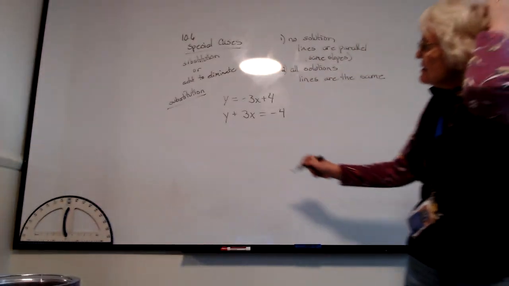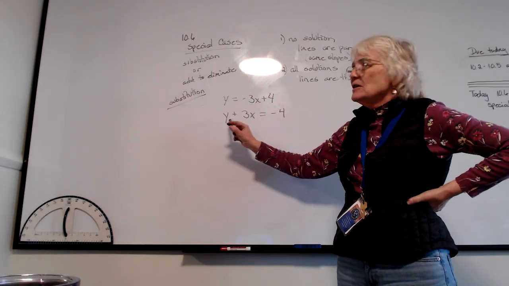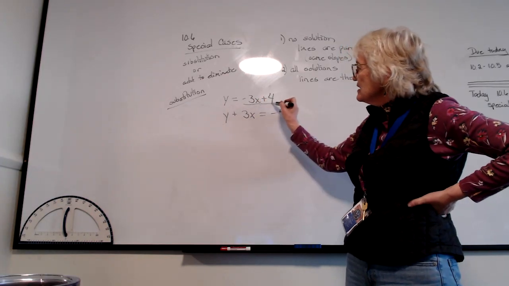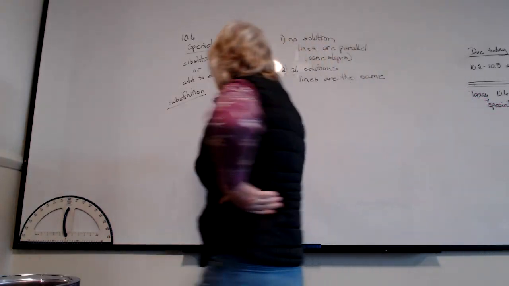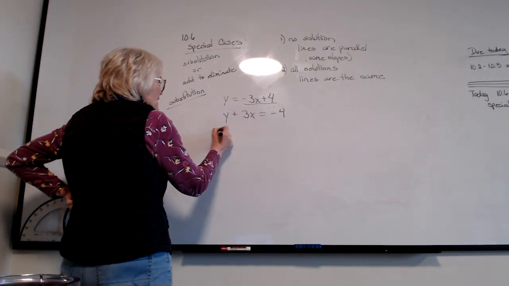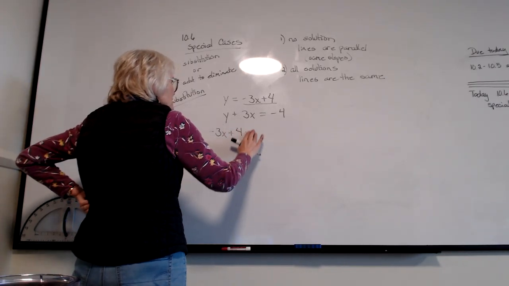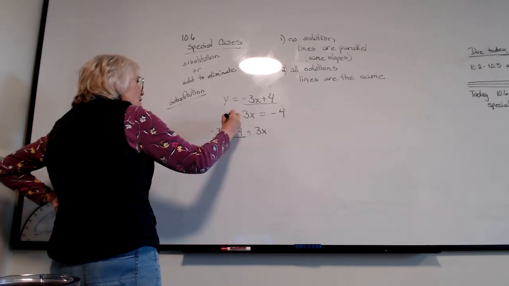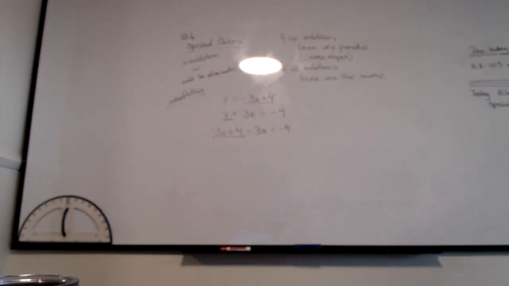That means I'm going to put negative 3x plus 4 in where the y is. So I'm going to get negative 3x plus 4 plus 3x, because I put that in for y, and that equals negative 4. All I did was replace the y with negative 3x plus 4.